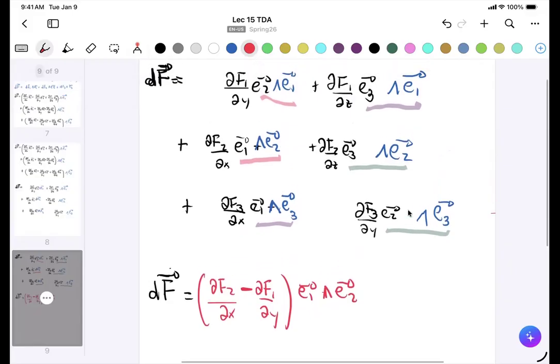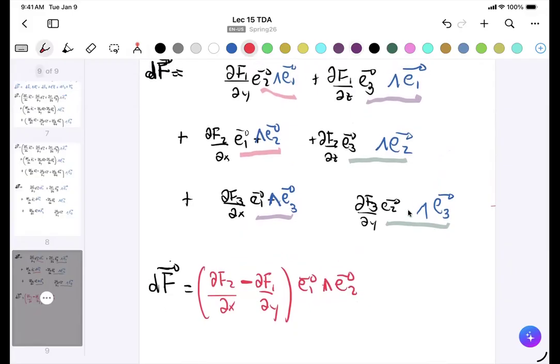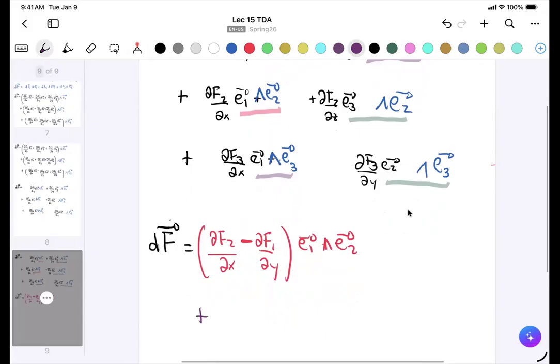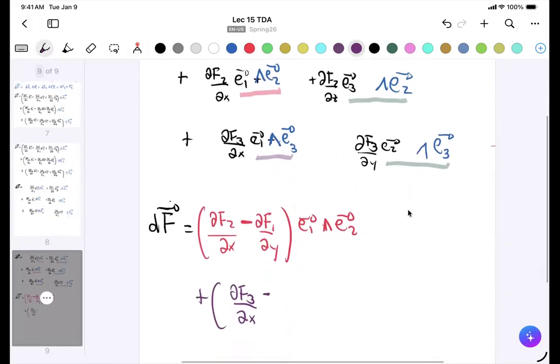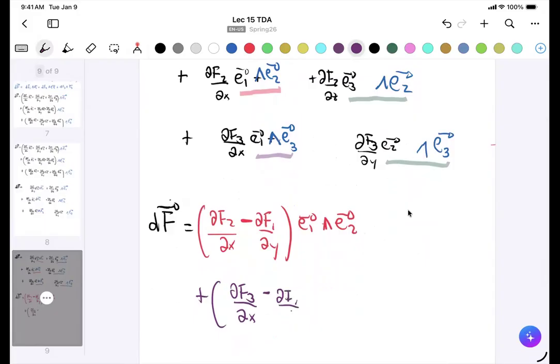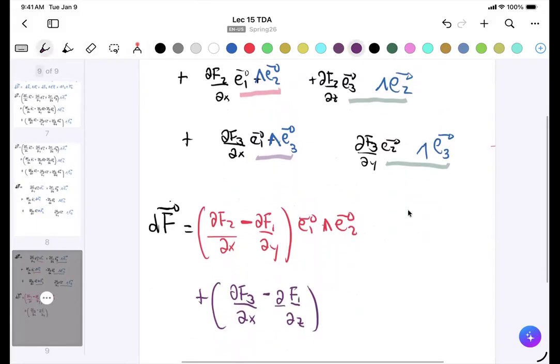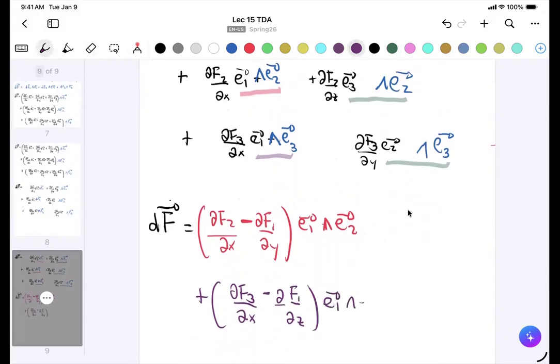Then what are the purple ones? The purple ones are the derivative of f3 with respect to x minus the derivative of f1 with respect to z, and that is with E1 wedge E3.